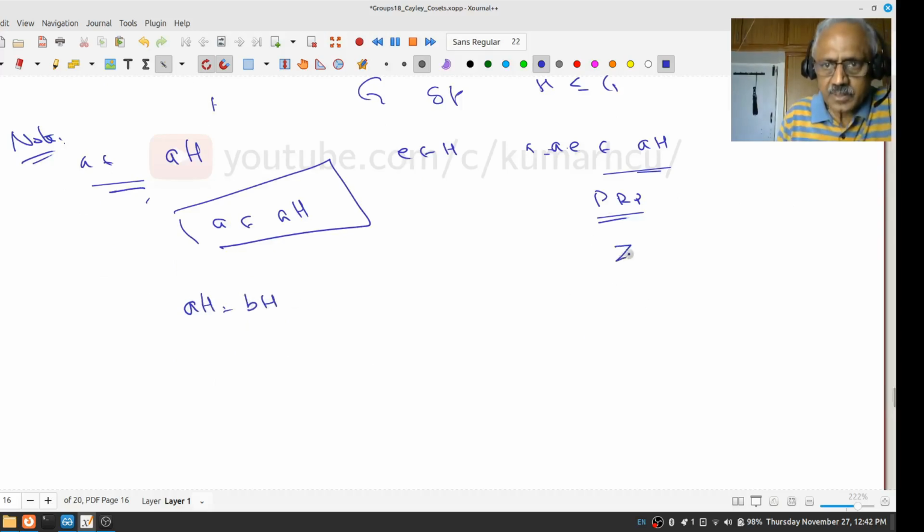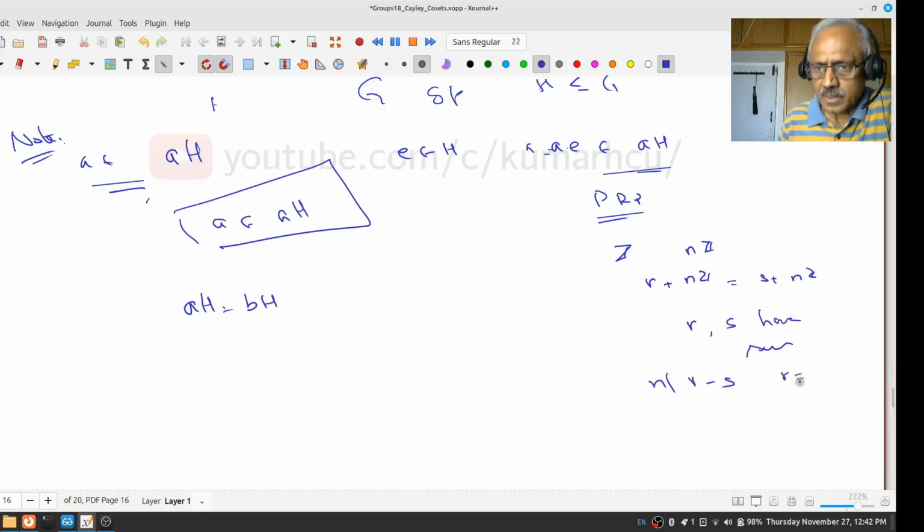For example, in the case of Z and NZ, you gave me R plus NZ, S plus NZ, two cosets. When are they equal? They are equal if and only if R and S leave the same remainder when divided by N. That is the same as saying N divides R minus S, R is congruent to S mod N. All are equivalent statements.